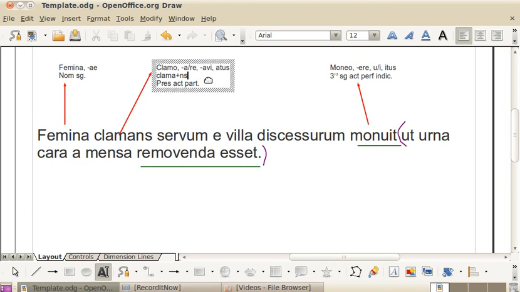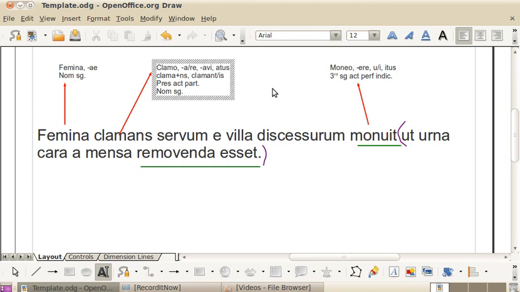Clamans, the present active participle, is the only participle that we have that declines in the third declension. If we look at the genitive form of clamans, from which we get the adjectival stem, we see that clamans goes to clamantis, and that's where we get the stem, clamant. Clamans, however, happens to be the nominative singular for all three genders, the masculine, feminine, and neuter.